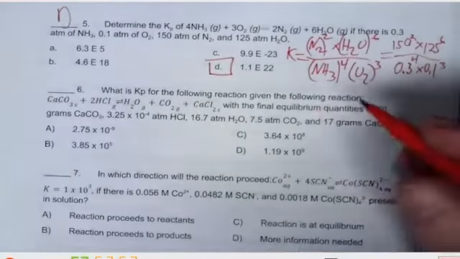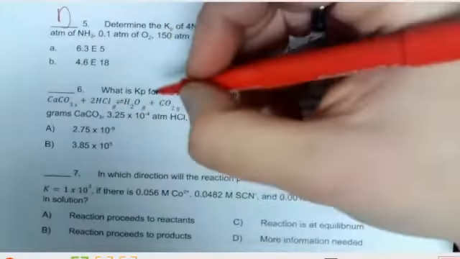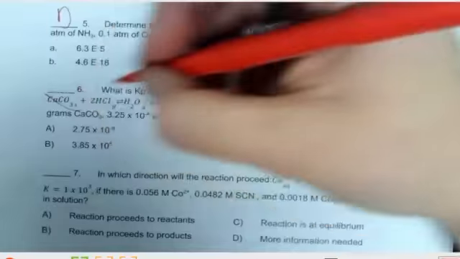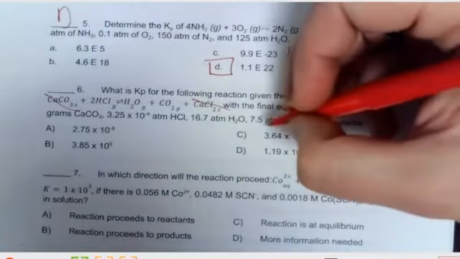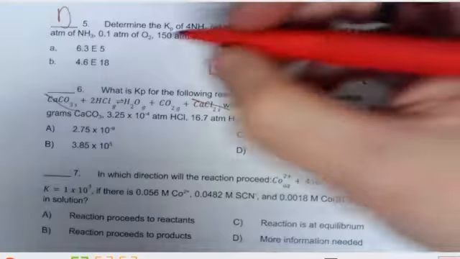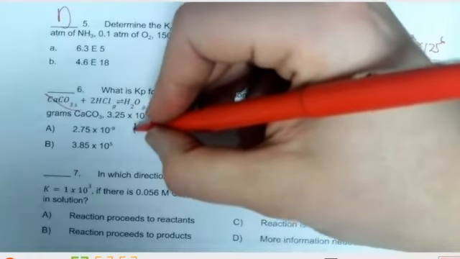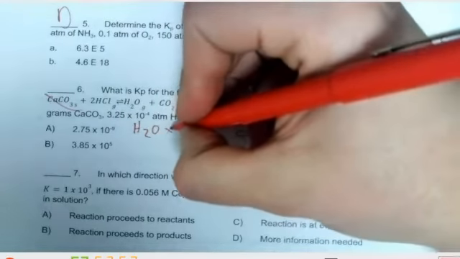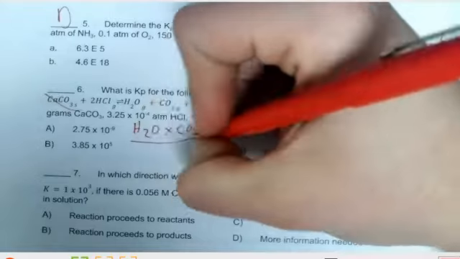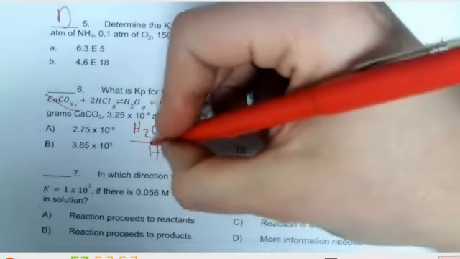Another K expression. Remember, we don't include the solids, so this gram quantity is not useful. So our K expression is just H2O times CO2 over HCl squared.